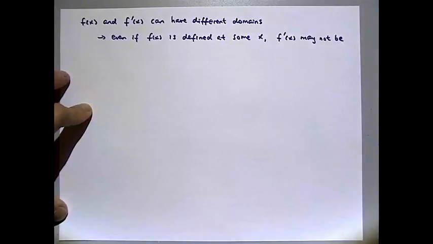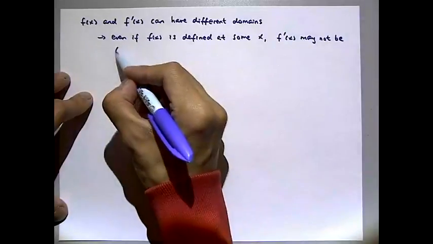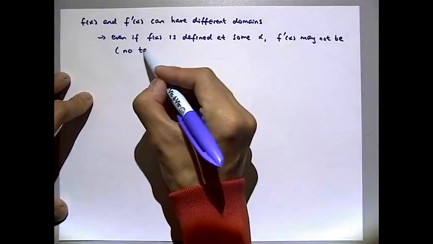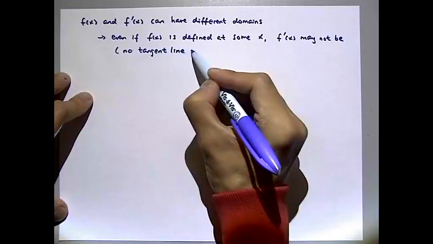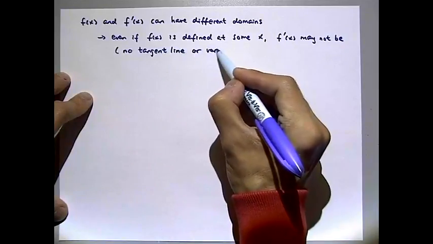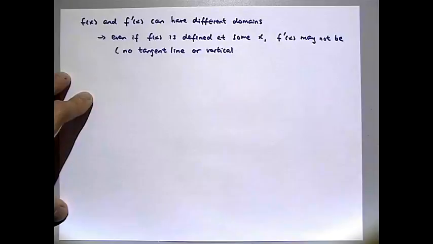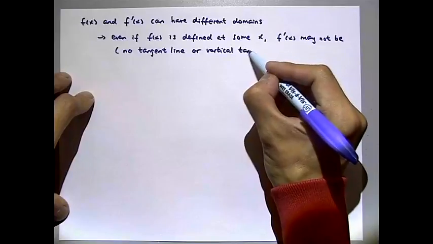It's possible. And so that means if it's undefined, then we can have one of two things happening. Either there's no tangent line at all, or a vertical tangent line.